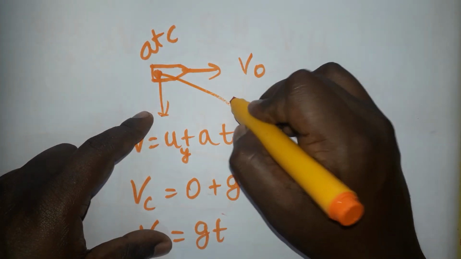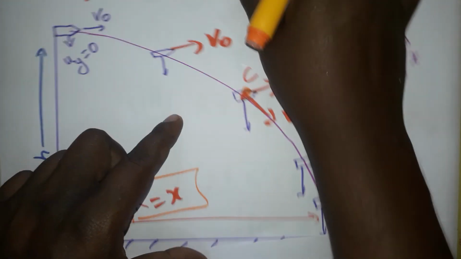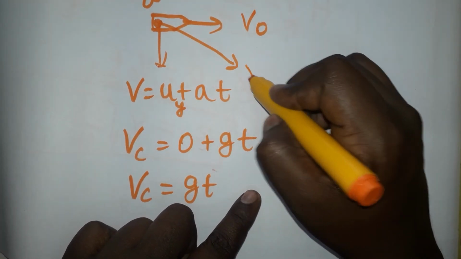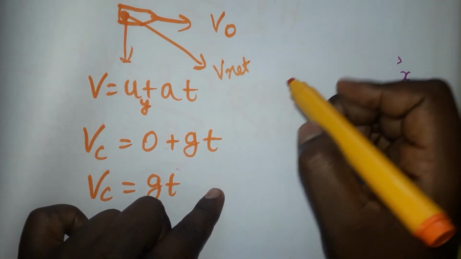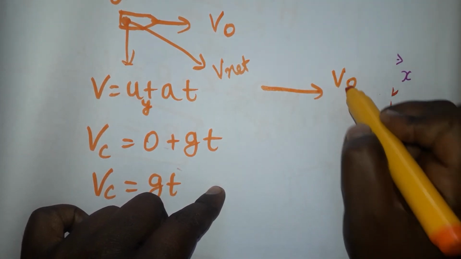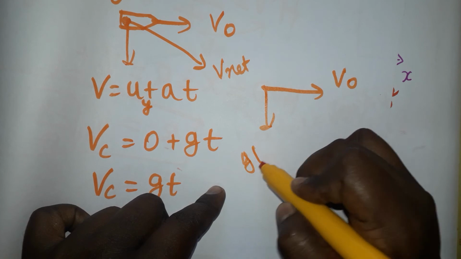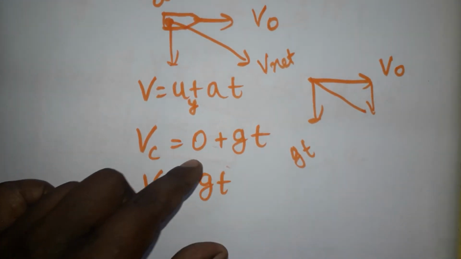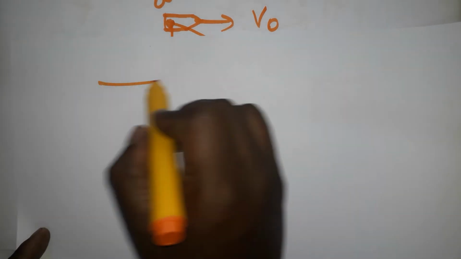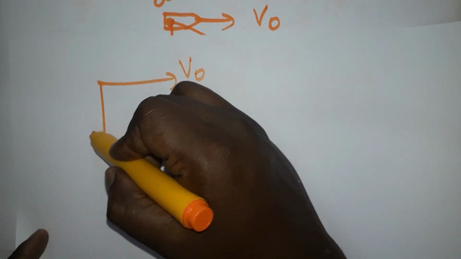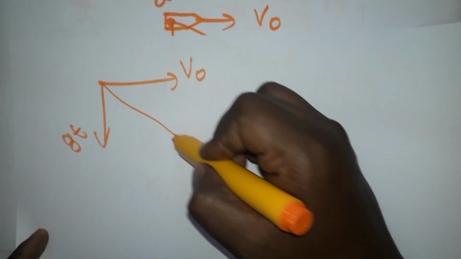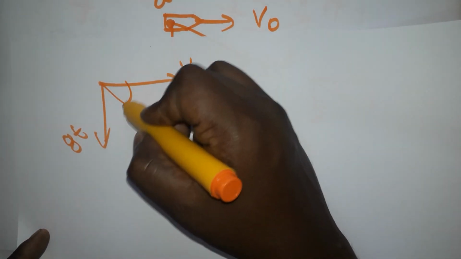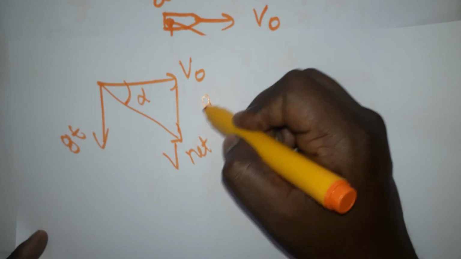Now we want the resultant velocity. The object is moving diagonally, so we want the net velocity. I am taking this side as v naught, and this side as gt, making a triangle. We want this side, v net, the resultant side, and alpha is the angle opposite gt.